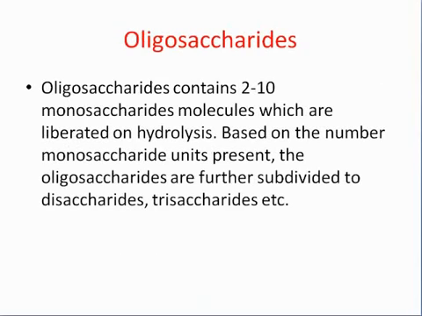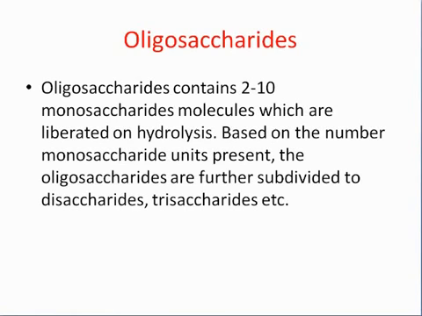So now let us study oligosaccharides. These oligosaccharides contain 2 to 10 monosaccharide molecules which are liberated on hydrolysis. Based on the number of monosaccharide units present, the oligosaccharides are further divided into disaccharides, trisaccharides, etc. If you take a disaccharide, it consists of two monosaccharide units held together by means of a glycosidic bond.